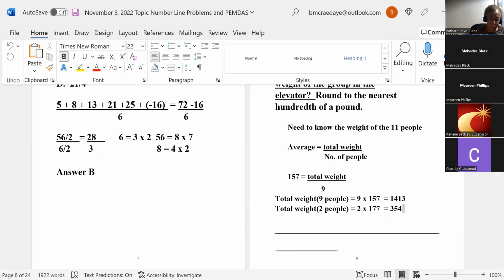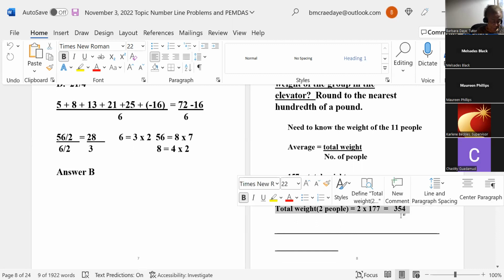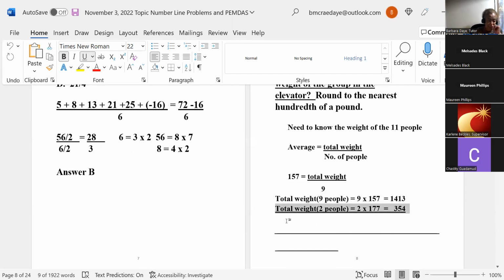Now add those 2 together. Adding those 2 together gives you the weight for 11 people. So let me just underline this. Now add this. Here, this will be the total weight for 11 people.